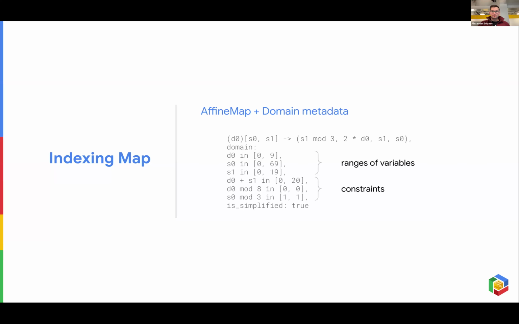To address all of these issues, we created the indexing map, which is just an MLIR affine map plus some metadata. Here you can see a simple affine map with one dimension and two symbols. In the indexing map, we also have additional ranges specified for every dimension and symbol variable, and we have constraints, and also a flag to indicate whether it was simplified or not.